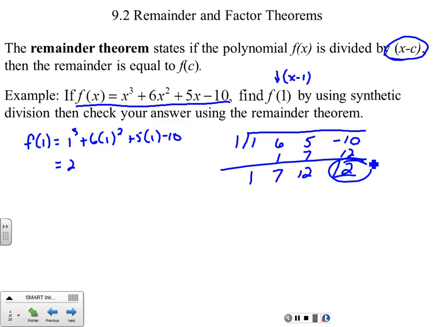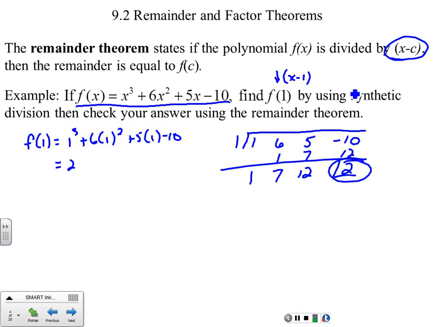But this is what I need you to practice doing, all right? So if f of x is equal to this and it says find f of 1 by using synthetic division, then this is where it gets tricky, okay? If I say find f of 1, you're going to actually use 1. Don't take the opposite.